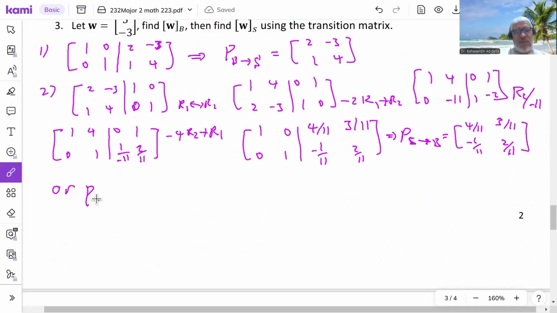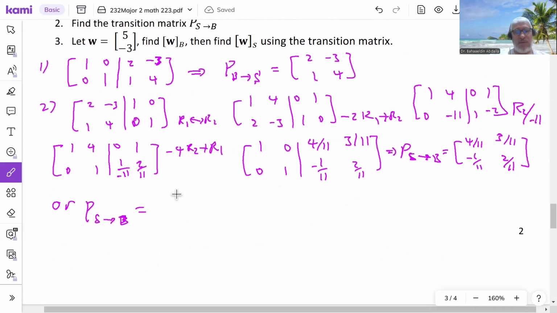So the transition matrix from S to B could be found by finding the inverse of the transition matrix from B to S. And we know how to find the inverse of a matrix. 1 over the determinant, 2 times 4, 8, plus 3, that's 11, because minus minus 3. 2 and 4, we change positions.